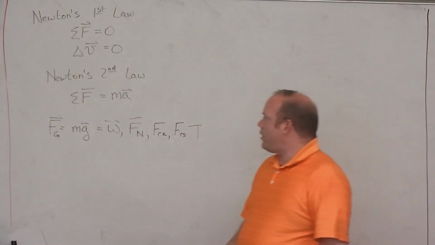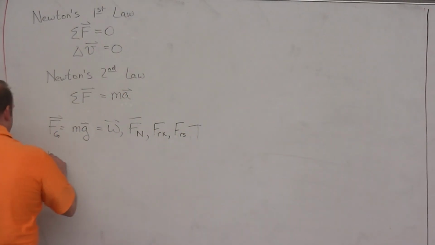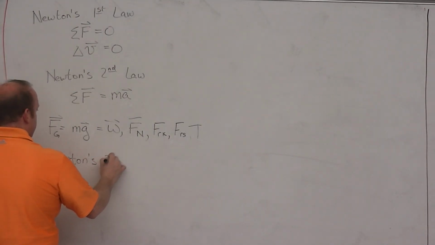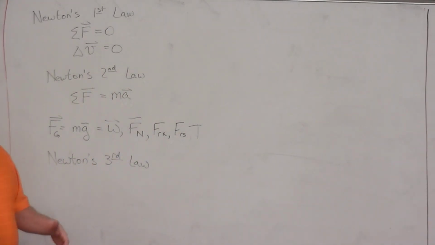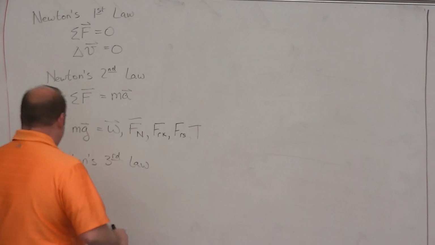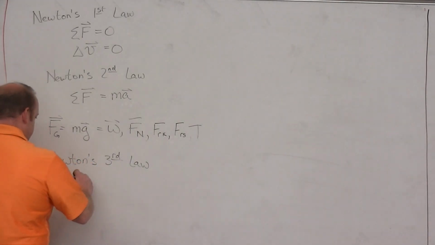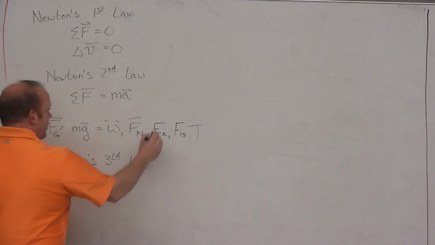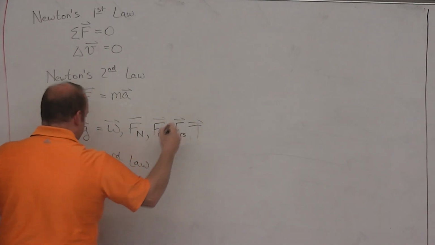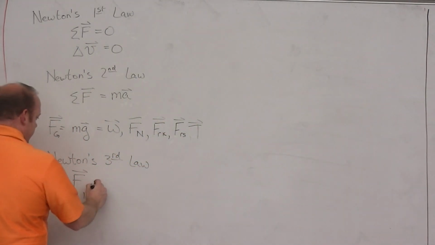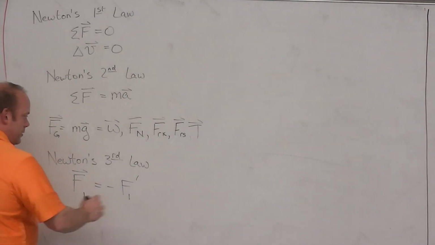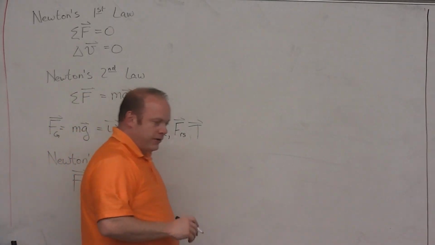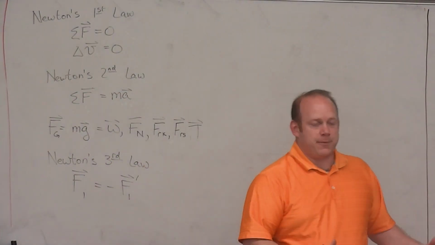Finally, we have Newton's third law. What Newton's third law is telling us is that for every force, and by the way, these are all forces, for every one force, there's an equal and opposite reaction force. I'll call that F1 prime. So there is some other force that acts in the opposite direction.